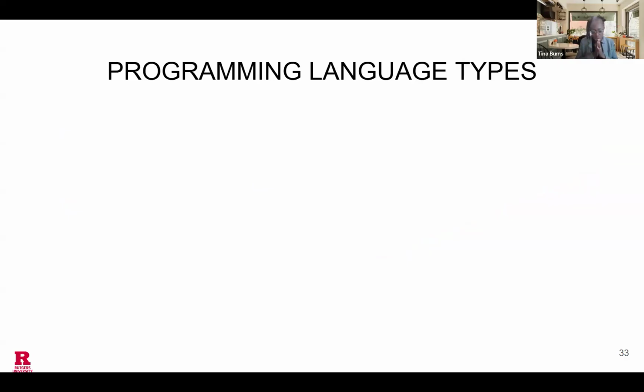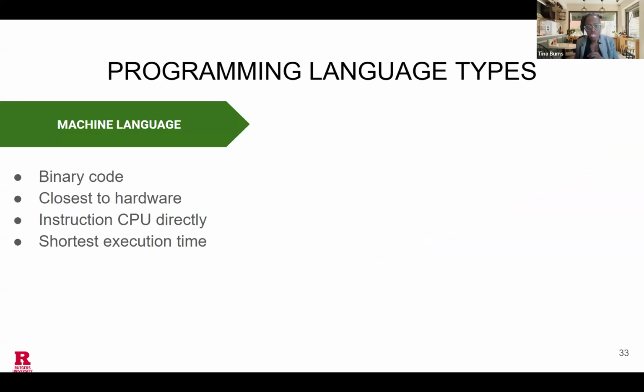Now let's go into a little bit more of some of the programming language types, and why we use them. Machine language. Keep in mind, we talked about the von Neumann architecture: we have the memory, CPU, input and output. Your CPU is going to understand binary code and binary code only.